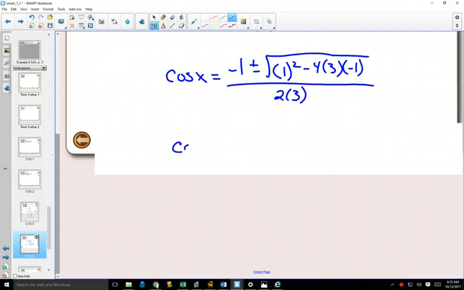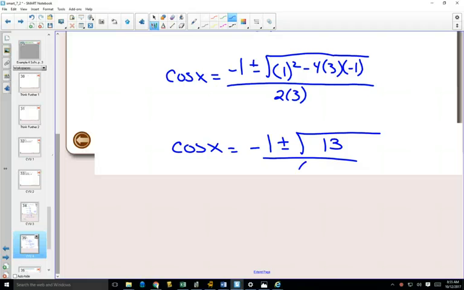And simplifying this, we get negative 1 plus or minus the square root of 13, over 6.